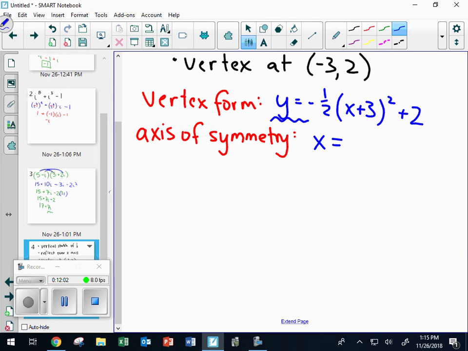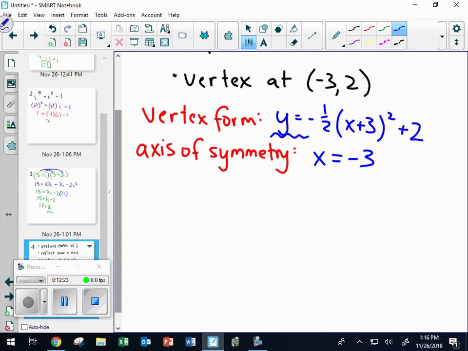Let's see. Row 4, person 3, would be Fausto. X equals negative 3. How did you get to negative 3? So we have a vertex at negative 3, 2, right?